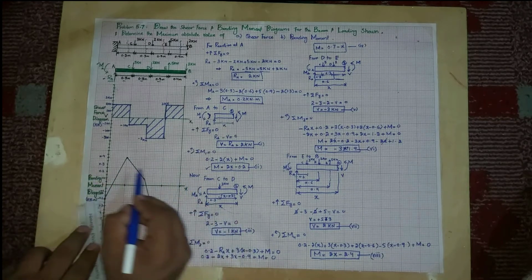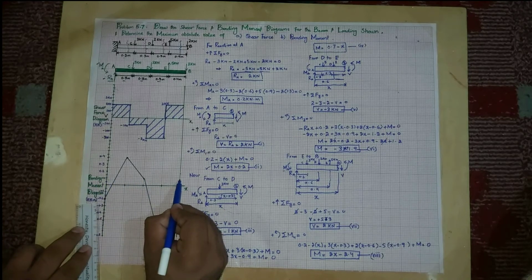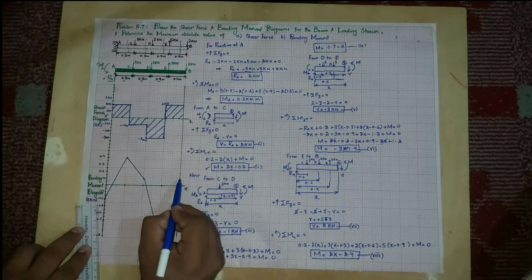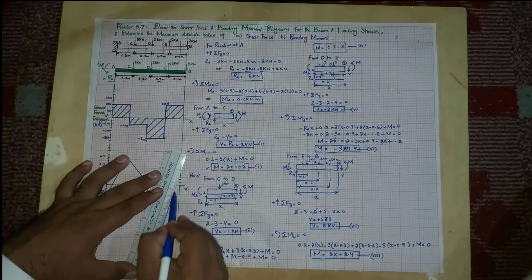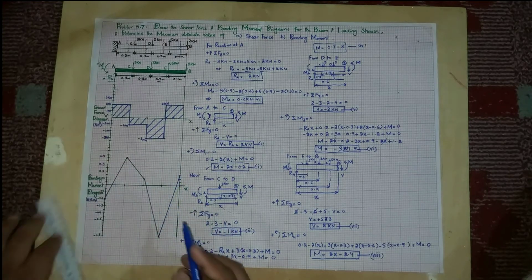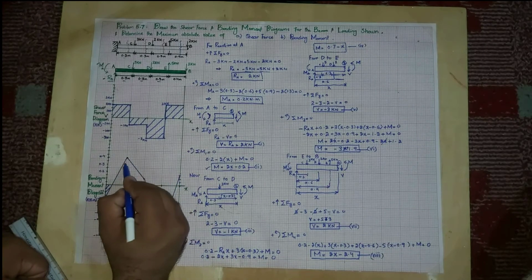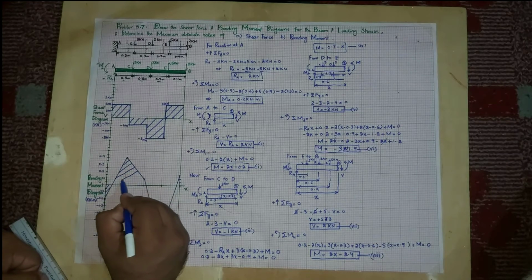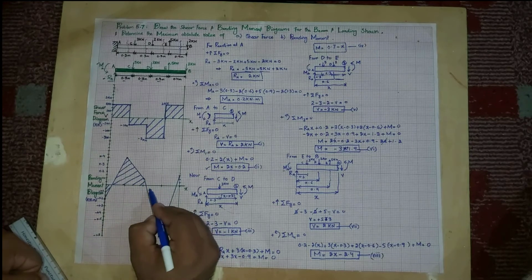So the line will be, let me check, 0.1, 0.2, to this point. So you can join them like this. So you can see this will be the bending moment diagram for the above beam with loading shown.